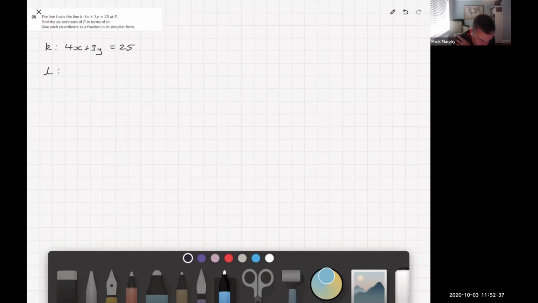Well, L was from the previous question, yeah. So we had that from the previous one, and that was y is equal to mx minus 6m, so I'll just write that in a different way. So it's minus mx plus y equals minus 6m.